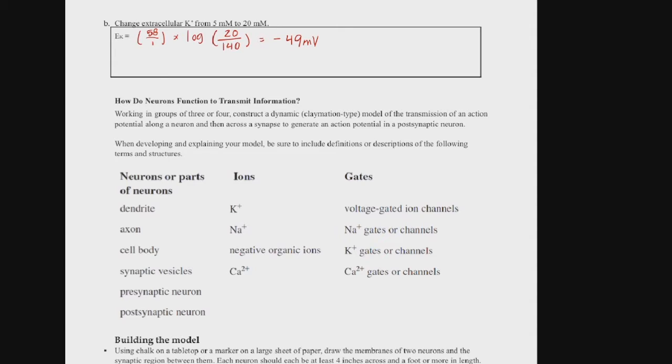And so we know that the normal potassium equilibrium is around negative 90. What this tells us is that changing that concentration to a much higher concentration would most likely change the equilibrium potential enough to bring it above threshold.